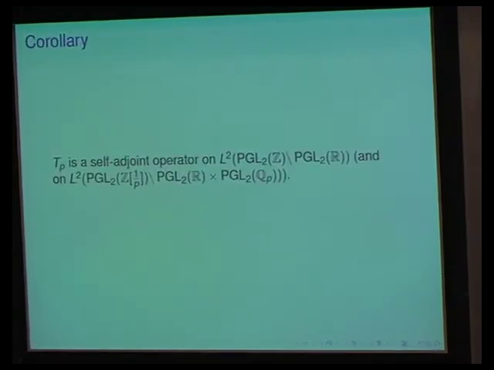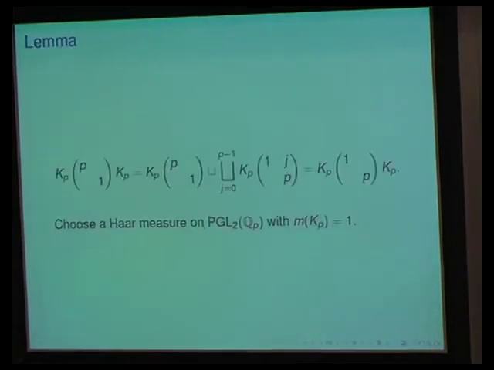There's something else that comes out of this rather quickly, if you believe the third definition, namely that TP is a self-adjoint operator. And that's a corollary of this equation here.